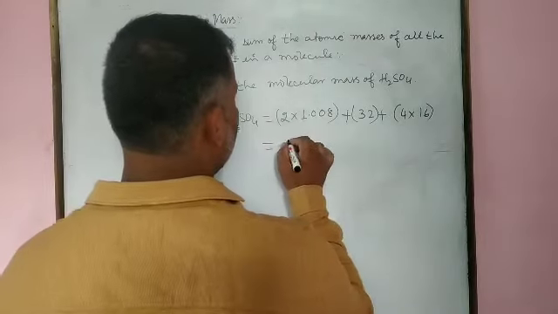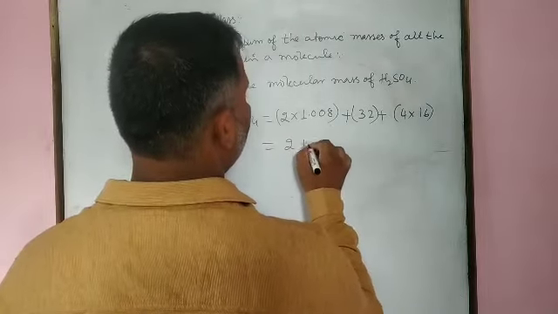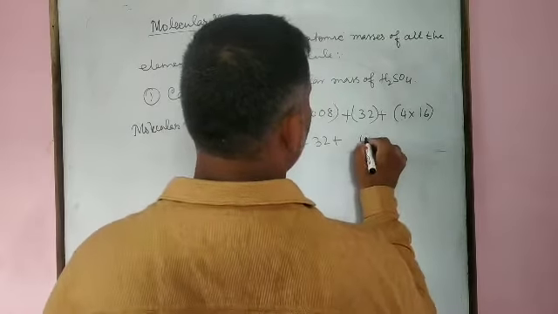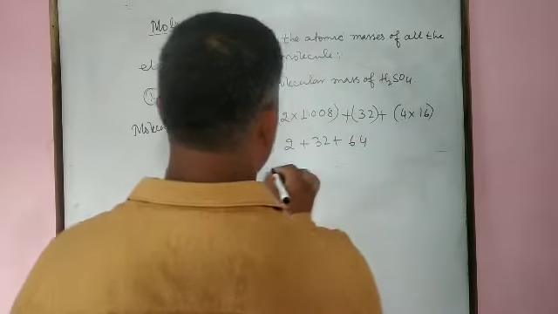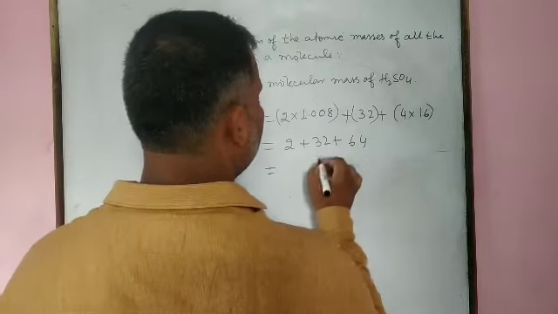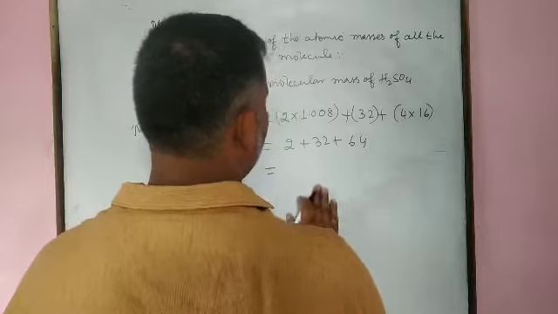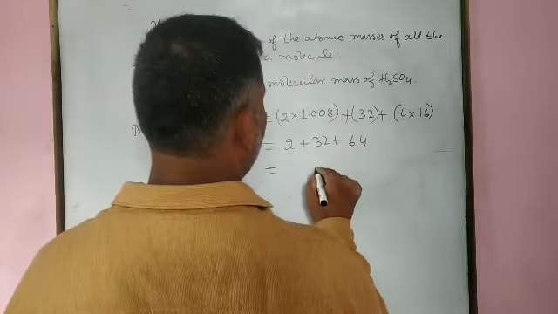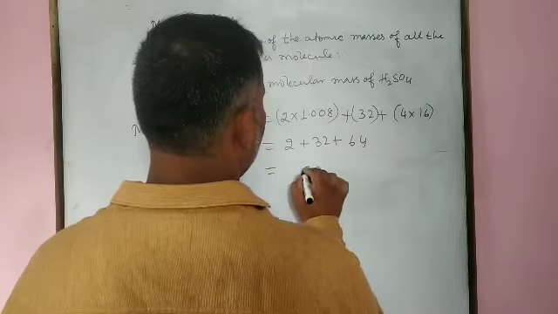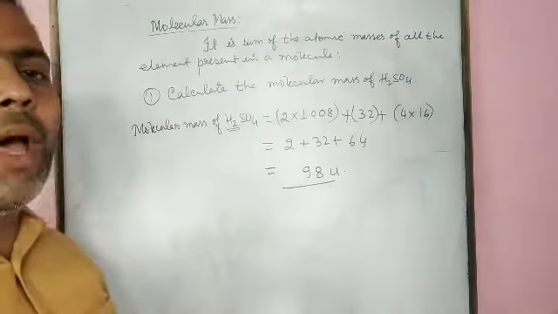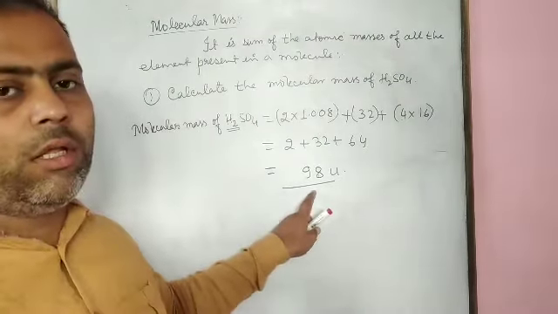What we got is 2 plus 32 plus 64, which is 98. It means the molecular mass of sulfuric acid is 98 u.